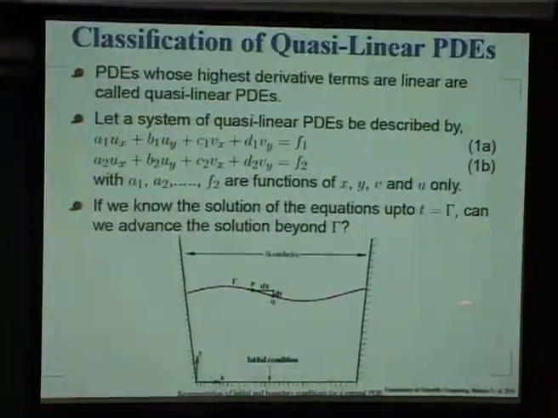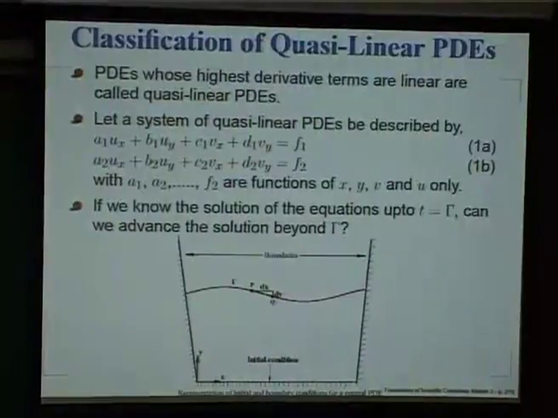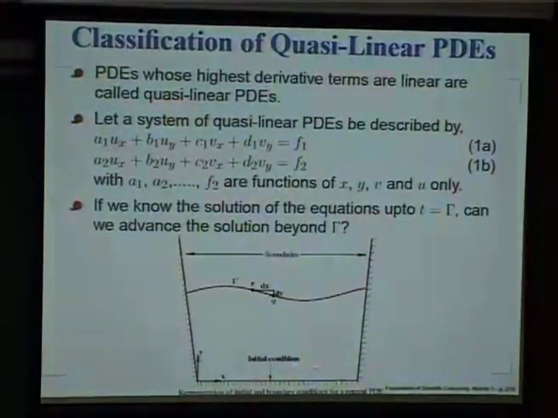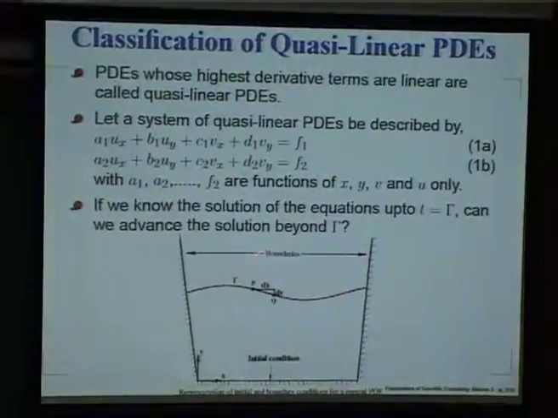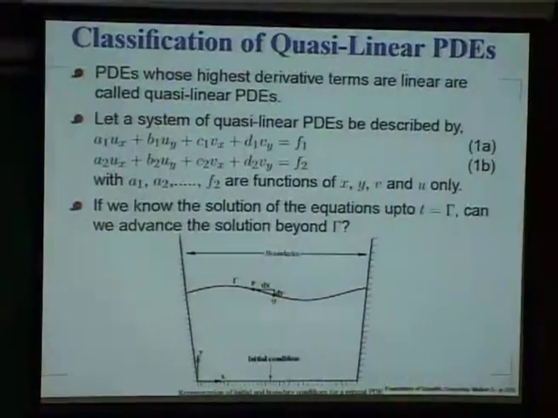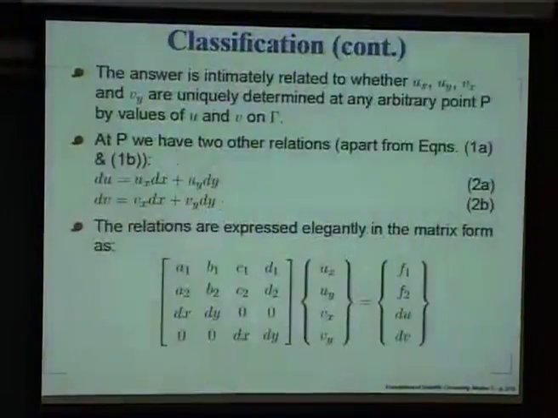That could be some parametric curve which I call t equal to gamma. Now, the solution is known in this well. The question that we ask is, can you advance the solution beyond gamma? That is one of the aims for this.